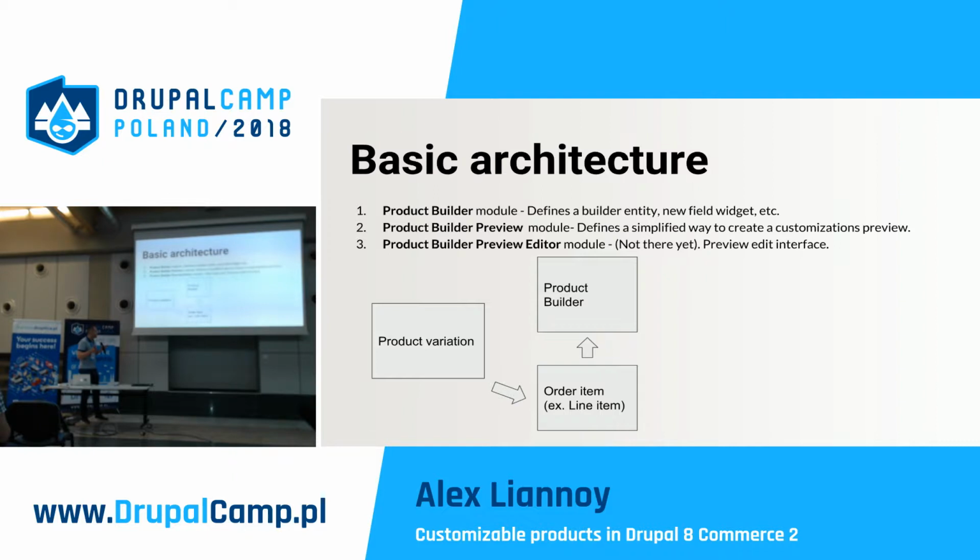The basic architecture of this concept is again pretty easy. The architecture of modules: the product builder, which contains the main entity and describes all the backend stuff. The product builder preview module extends the previous one and allows adding the preview component to the form, so you can preview the results in real time when you change any variation.